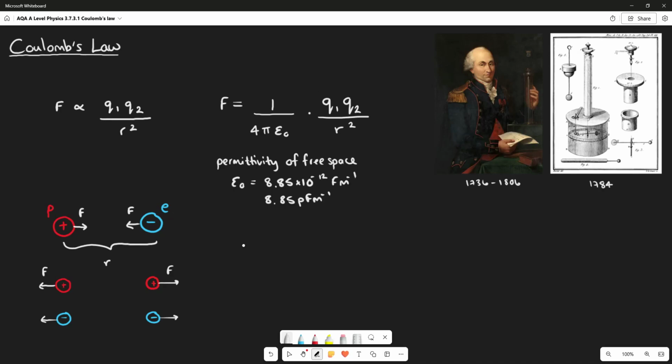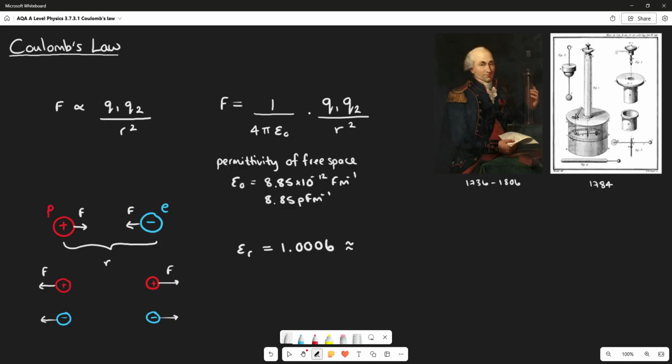You may occasionally come across the relative permittivity of a material. This value is a ratio of how many times it is the permittivity of free space. So for example, air has a relative permittivity of 1.0006.